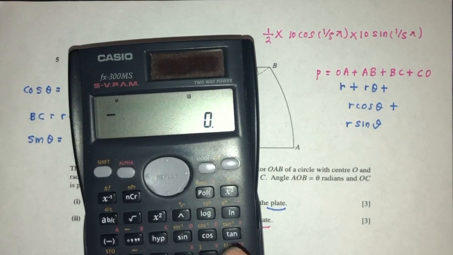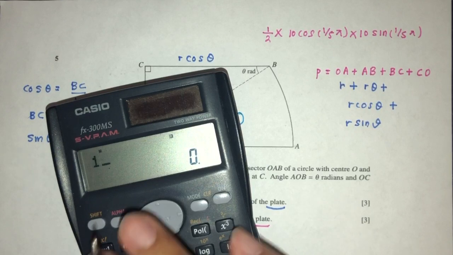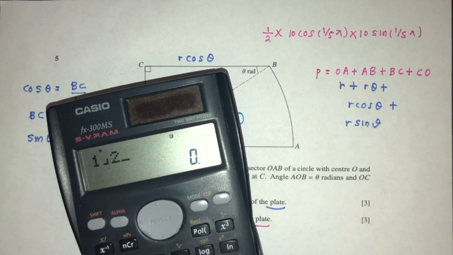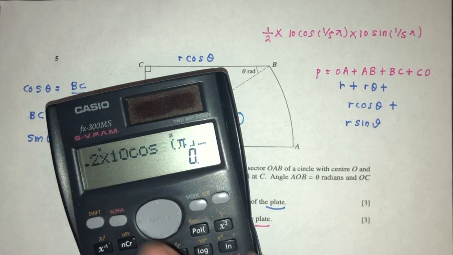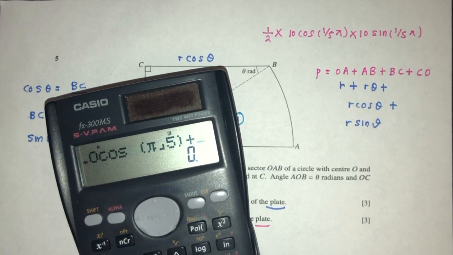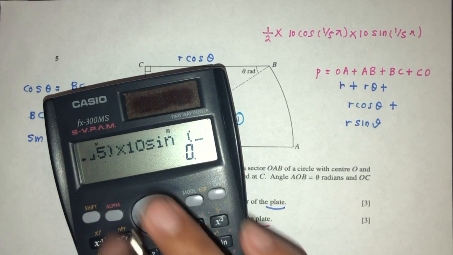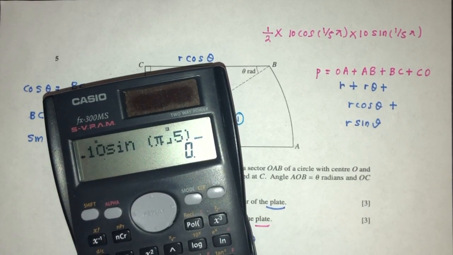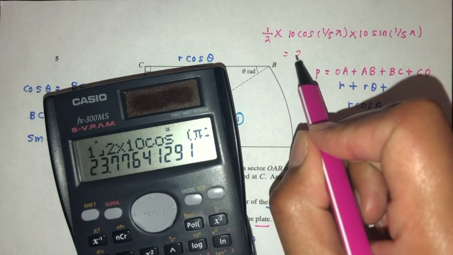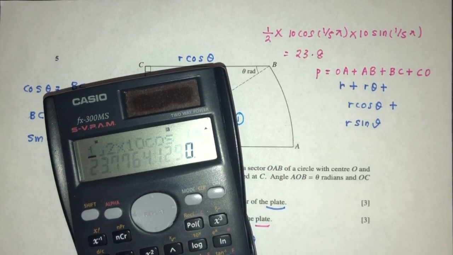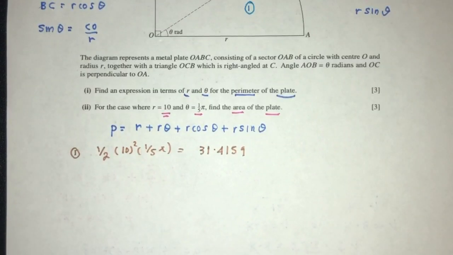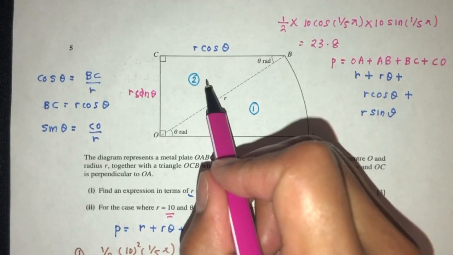We have to use radians, obviously. Half times 10 cos pi over 5 times 10 sine pi over 5 will be 23.8, correct to 3SF.